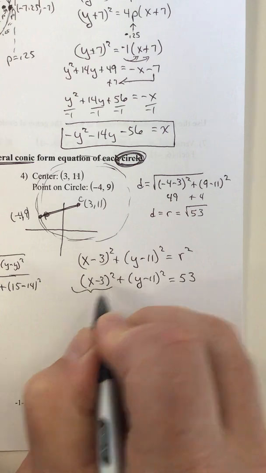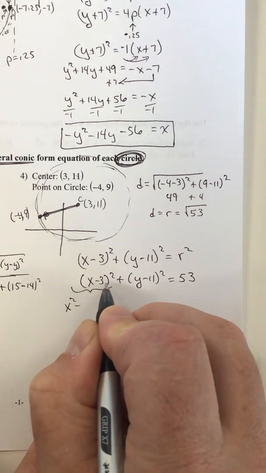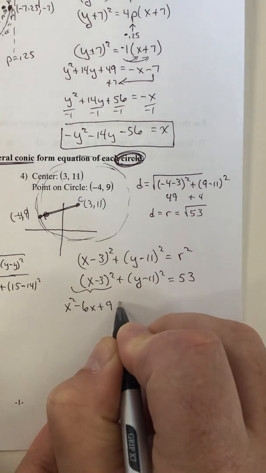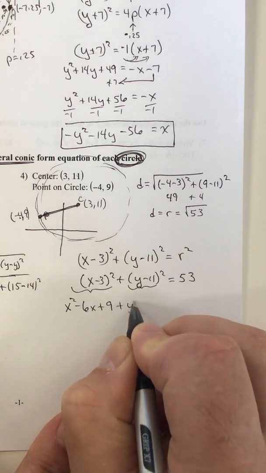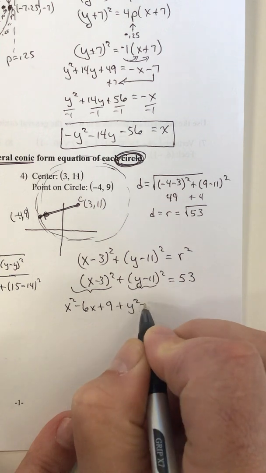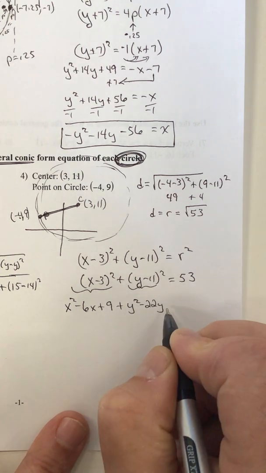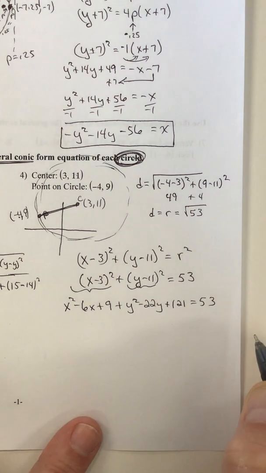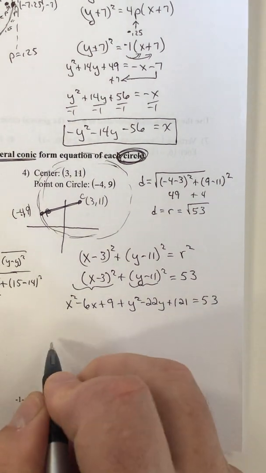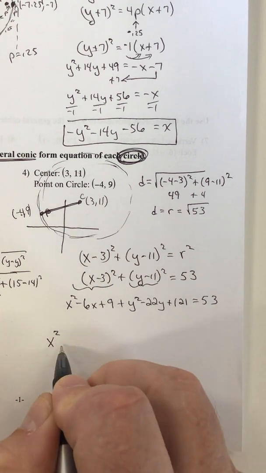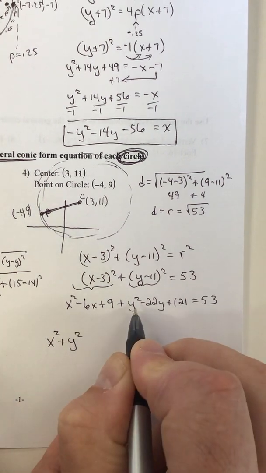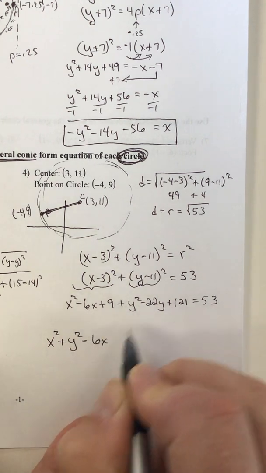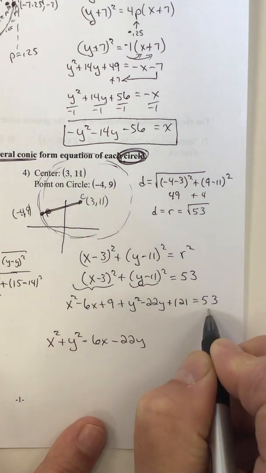Square this out. First one squared, x squared, negative 3 doubled is negative 6x, negative 3 times negative 3 is 9. Next, y squared, negative 11 doubled is negative 22y, and 11 squared is 121. Okay, put it in order. x squared first, then the next highest power alphabetically is y squared, then the negative 6x comes next, and then negative 22y comes next.